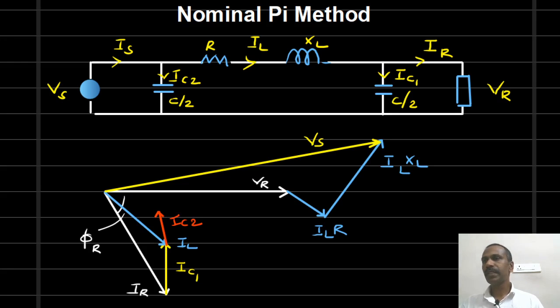Now what is IL plus IC2? IL plus IC2 equals IS. So this is IS, the sending end current. Now the angle between VS and IS can be represented as phi S. It is the sending end power factor angle. So this is how we find out the sending end voltage and sending end current.